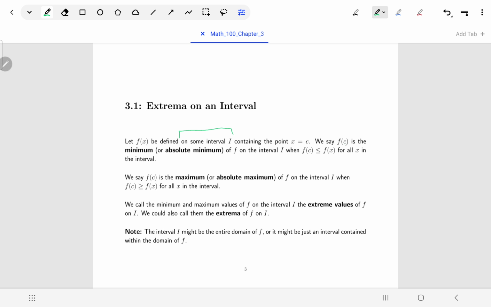And if the y value for our function at c happens to be smaller than all the other y values in that interval, then that y value is the absolute minimum on that interval, or the minimum value. And same thing if we're looking at f of c and that y value is bigger than all the y values in the interval, then f of c is the maximum, or the absolute maximum, for the function on our interval.